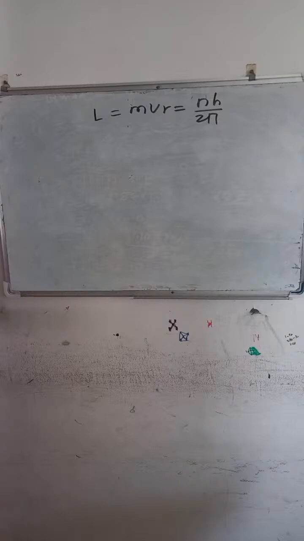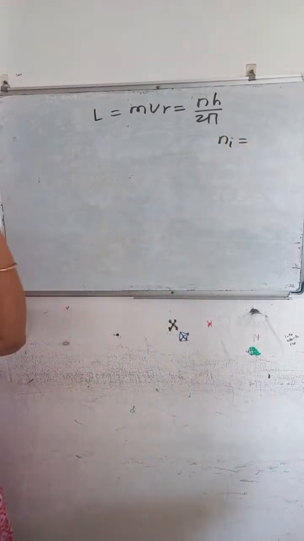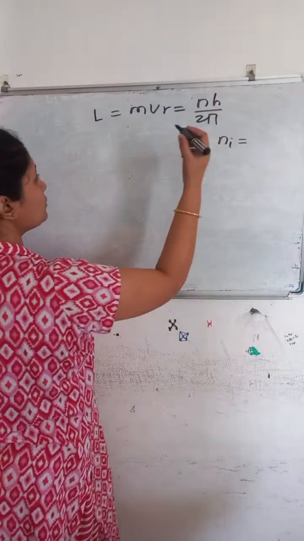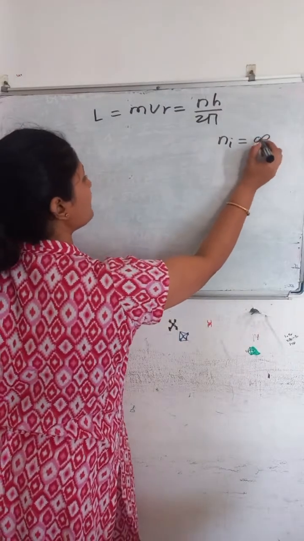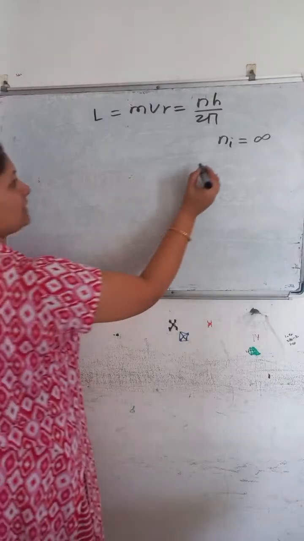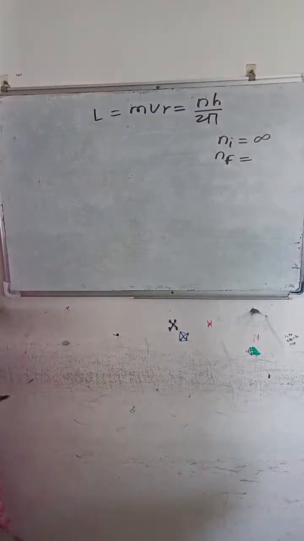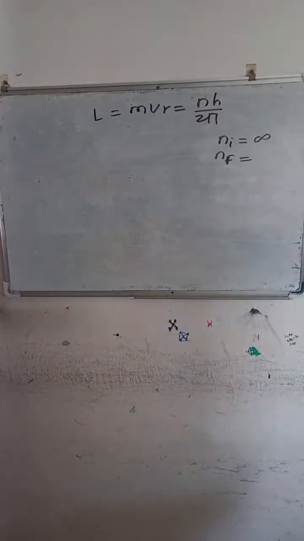So they are asking the shortest wavelength. I told you yesterday, those who are new today can check the previous session. So n initial is always taken as infinity, and for the Brackett series n final is 4.